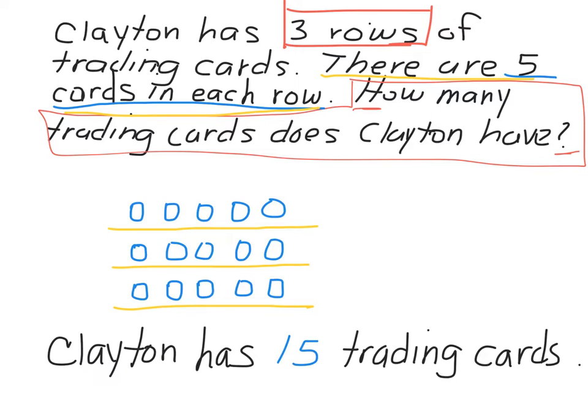Well, the problem stated that there are 5 cards in each row. Why is it important to draw 5 items in each row? Well, Clayton has 5 cards in each row. If we don't draw 5 of these circles in each row, we would get the wrong answer.